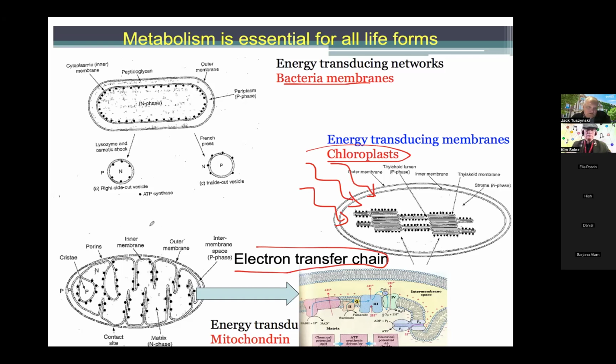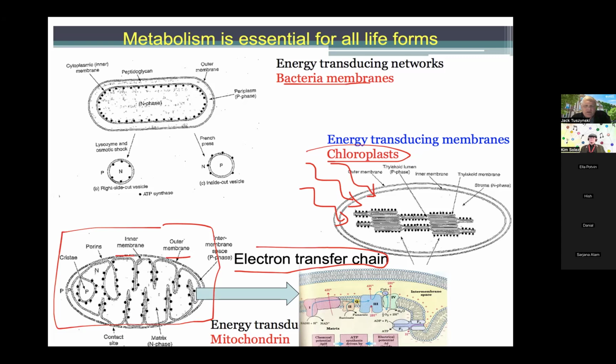Mitochondria, shown here, are very complicated organelles, about 500 nanometers long or so, and they have an inner and outer membrane.